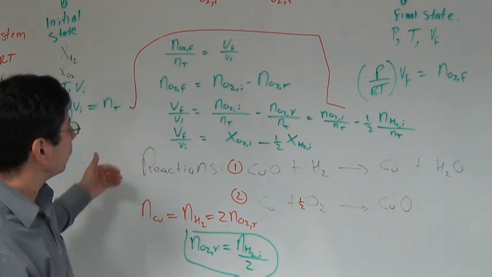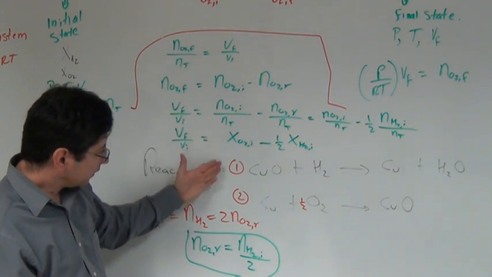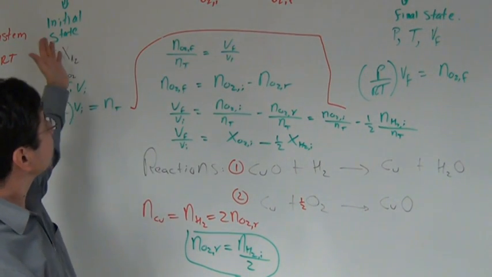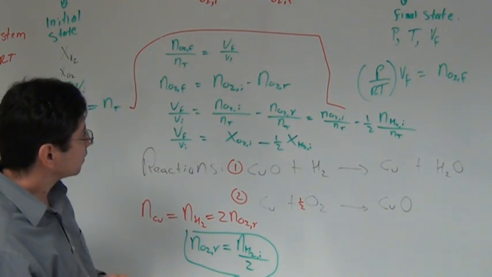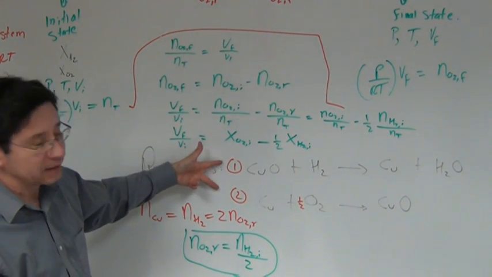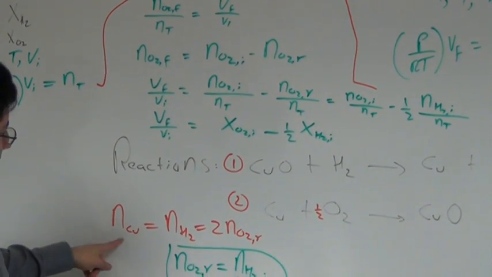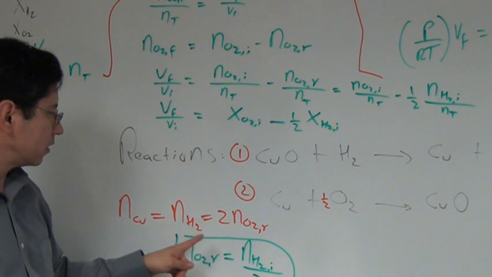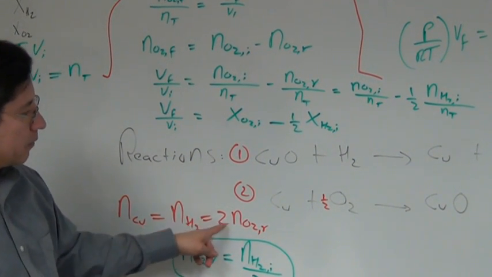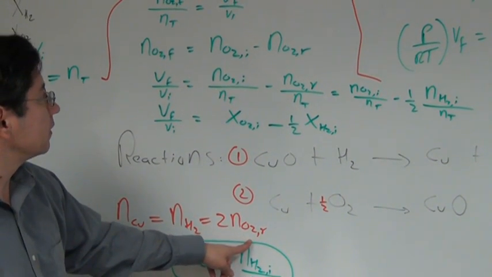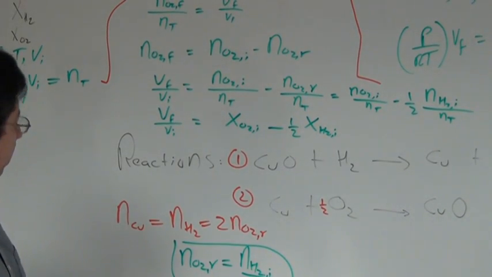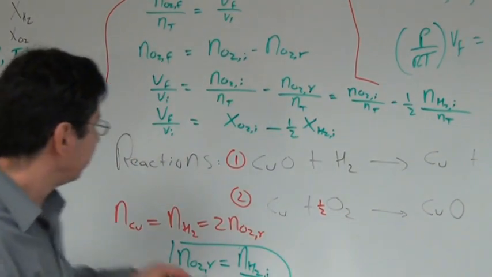To do that, we need the chemical equations associated with the processes here. And then we find that there are 2 equations, right? From this equation, we find the connection between the number of moles of hydrogen and the number of moles of oxygen that reacted. Okay, so let's now finish up.